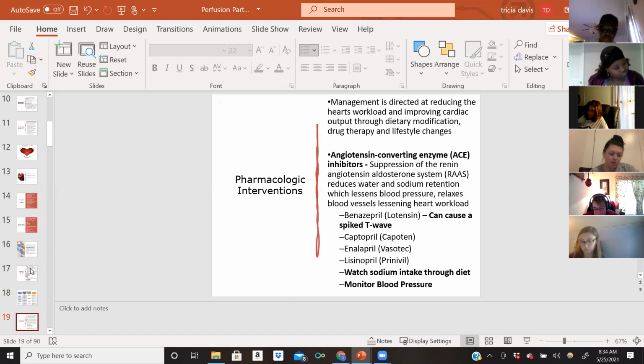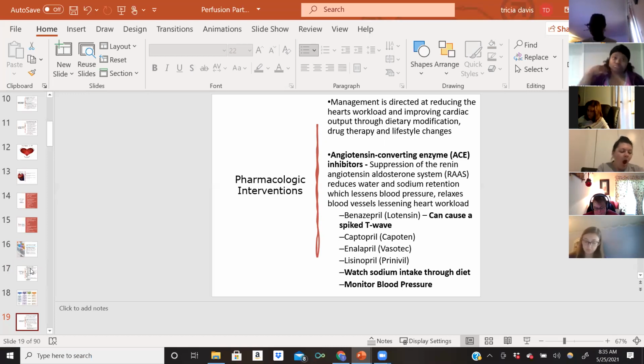So pharmacologic interventions. Any type of intervention that we do is going to be directed at reducing the workload of the heart, because it's the heart that is having to jump into overload and work double time to accommodate for all the issues. We want to improve cardiac output through dietary modification, drug therapy, and lifestyle changes. So we never look at heart failure and just say we're going to manage it with medications.